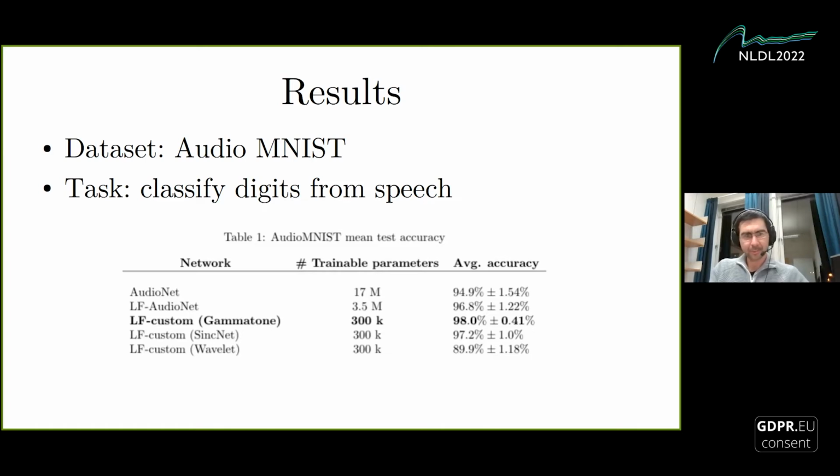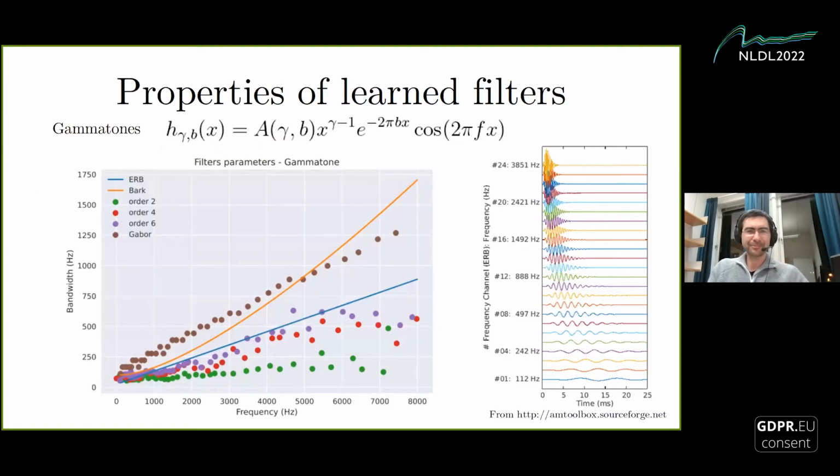So now, what can we learn from this learning of the function? First thing, here you have on the top the equation for the gammatone function, which is some sort of optimal waveform that is used to model human hearing.